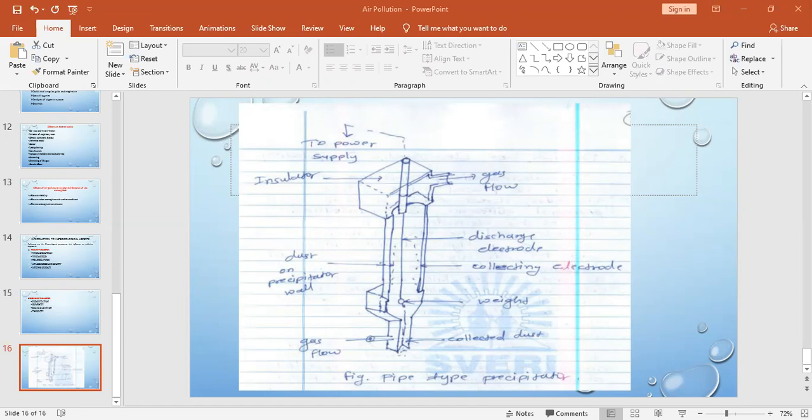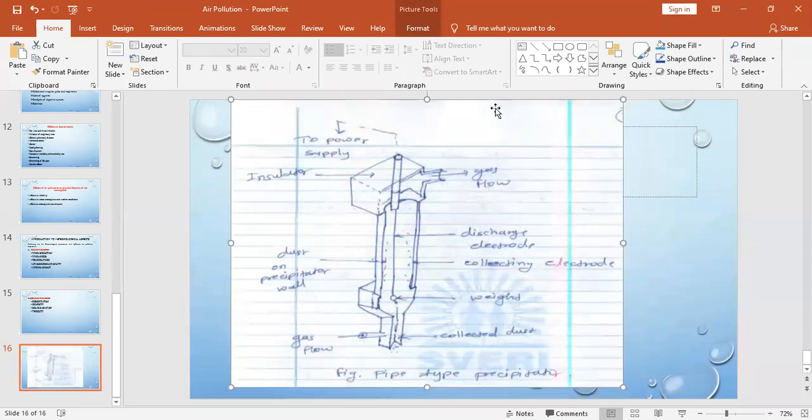What type of particles are entering here? The gas is entering, sorry, it is moving. Let me show you. See here, when the gas is entering here, it gets in contact with this discharge electrode, and because of the discharge electrode, the particles present in this gas get electrically charged, positively charged.